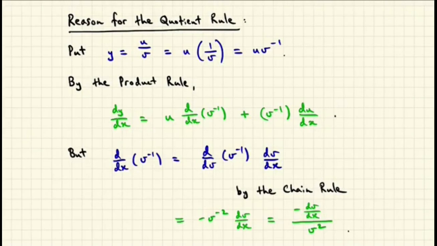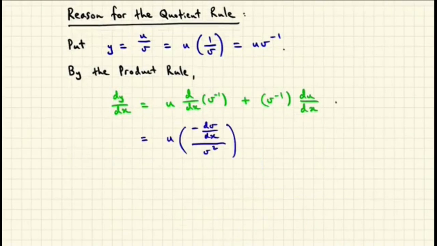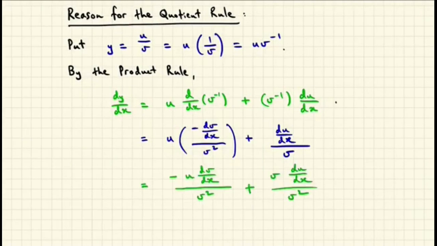Hence, dy dx becomes u times this expression plus the second piece, which can be rewritten as du dx over v. And the first and the second pieces can be rewritten so that the whole thing becomes v du dx minus u dv dx all over v squared, which is exactly the form of the derivative in the quotient rule.